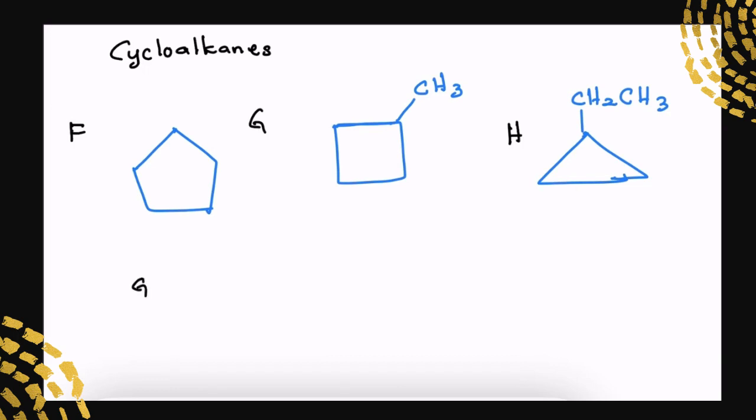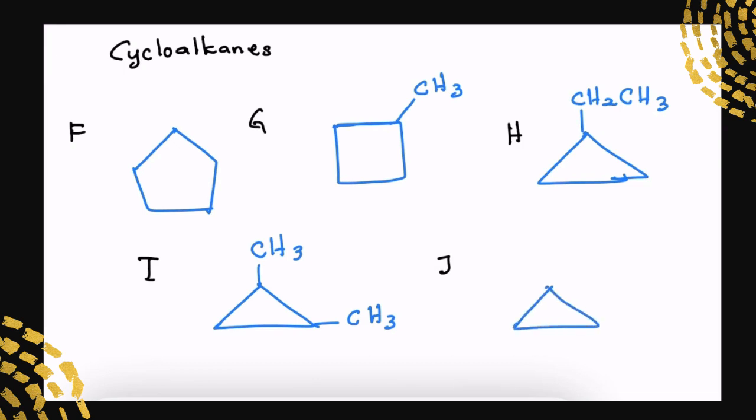Or G, we can propose a triangle with 2 carbon like this. It is different from H. And we also can propose I, a triangle with both carbons.